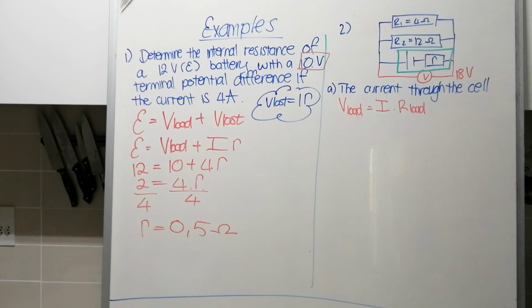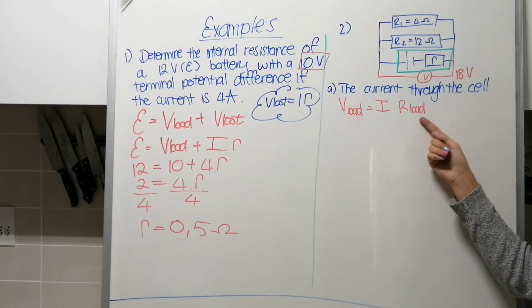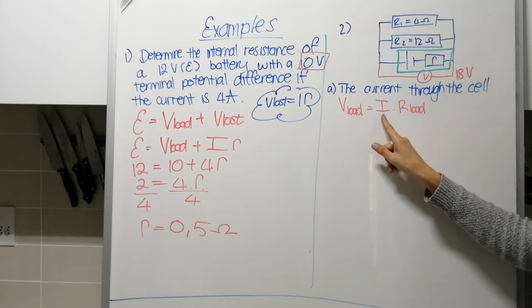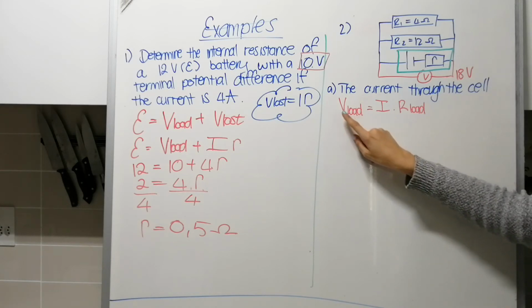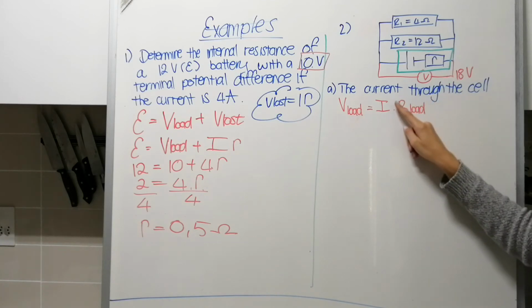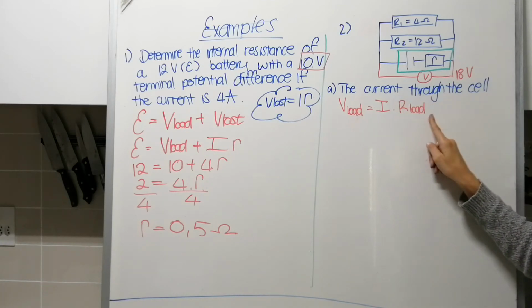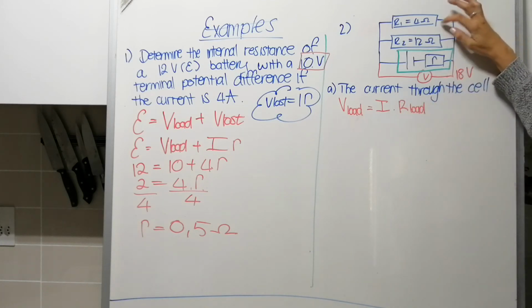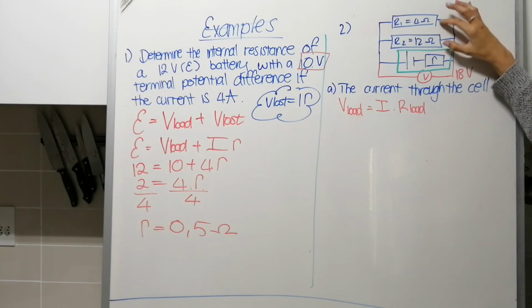Now the total external resistance, we don't know. We want the current. We know V load is 18. We still need then to find the load resistance, but that's not going to be too hard because we know the resistance of each of these.